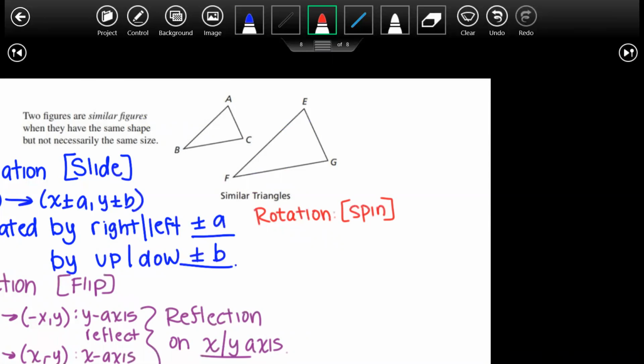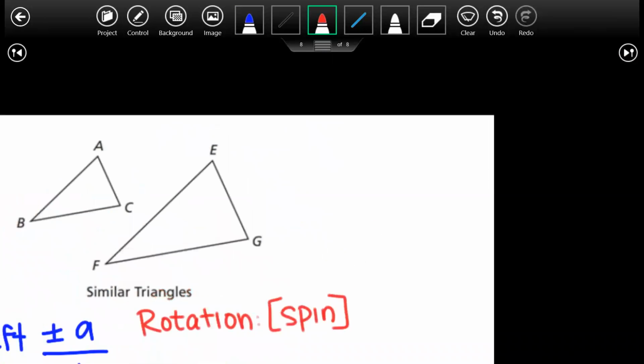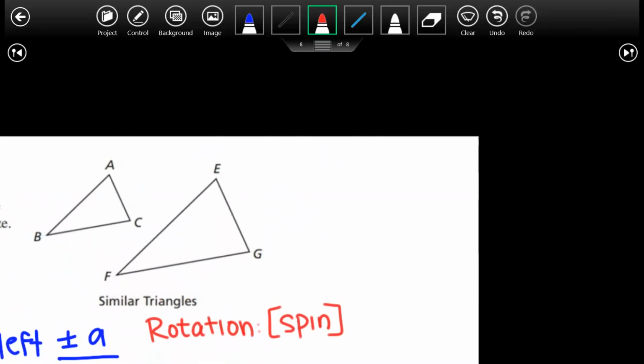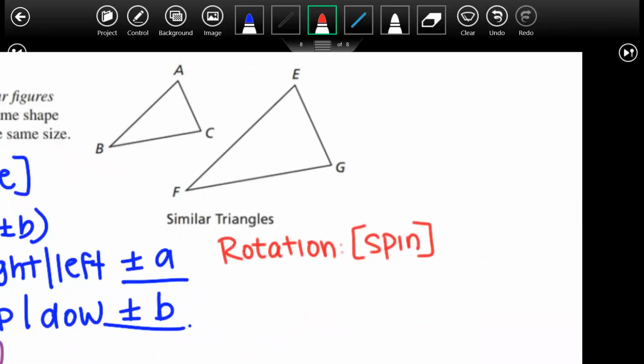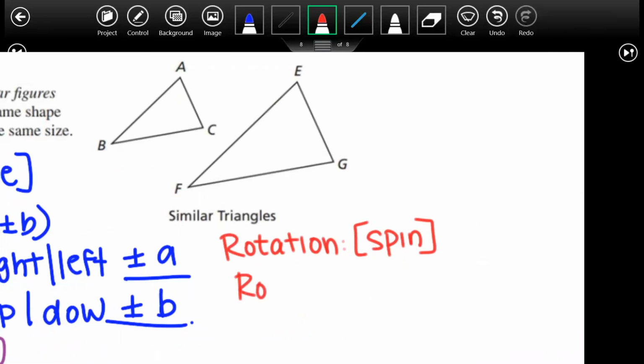And I'm not going to give you the notation for this because you guys are not really going to do that many. I can provide them, but it's going to be 90, 180, 3, it's a lot. It's too much. So I'm not going to provide those. But all we're going to look at here is we're going to say rotation by whatever degrees.